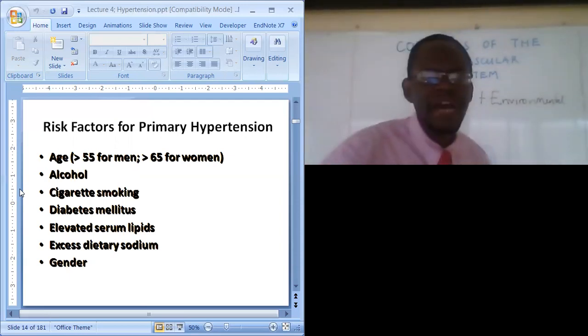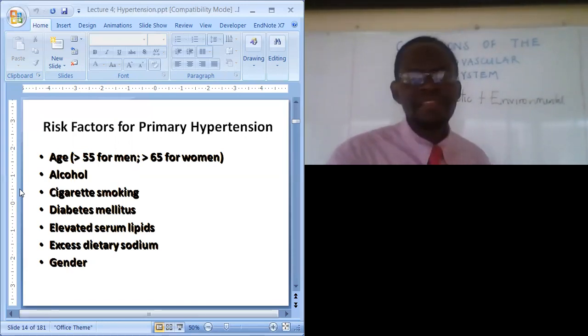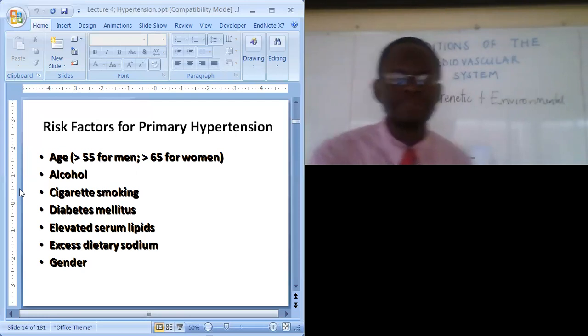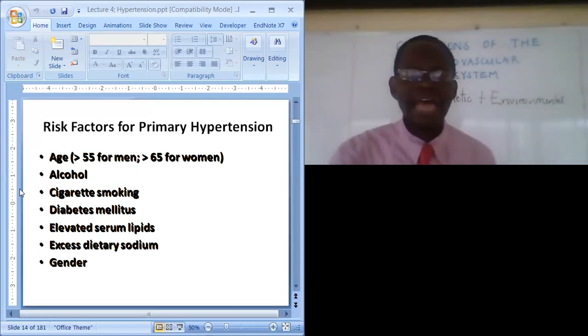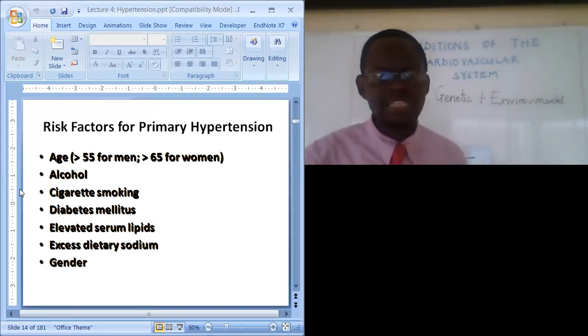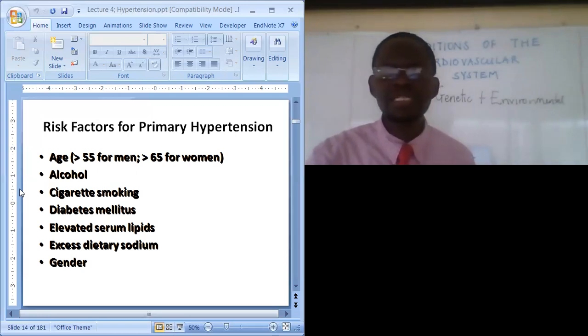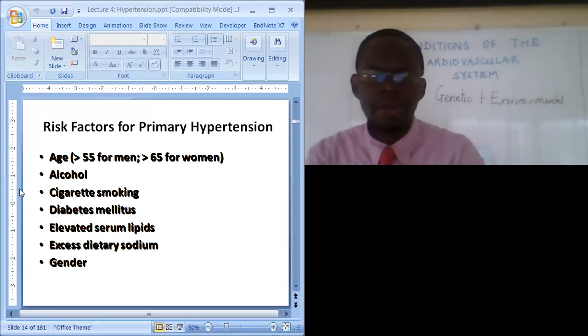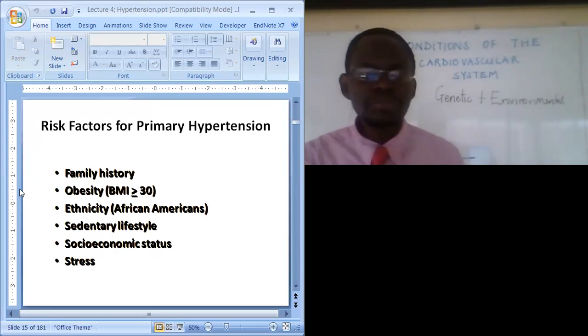Things like age, alcohol intake, cigarette smoking, diabetes, elevated serum lipids, excess intake of sodium, and gender can all be risk factors for primary hypertension.